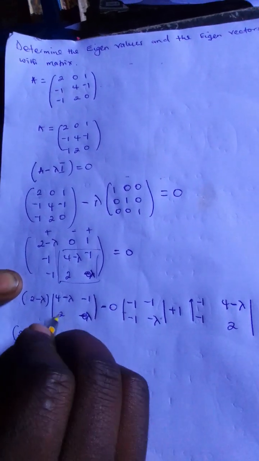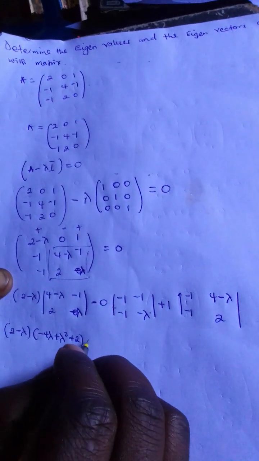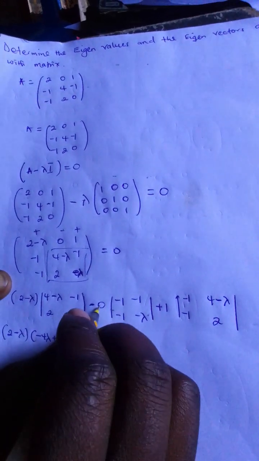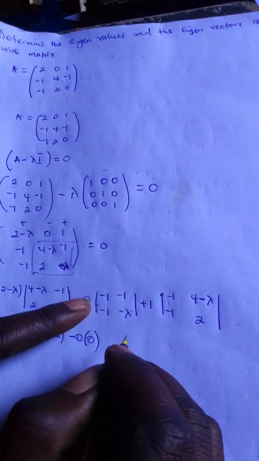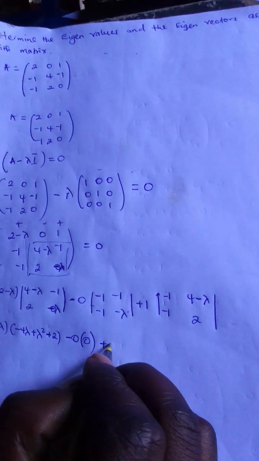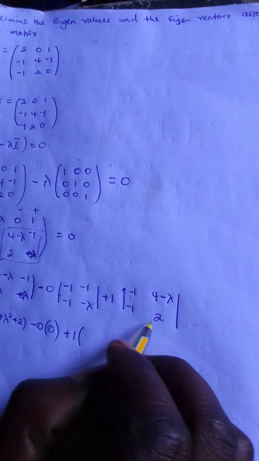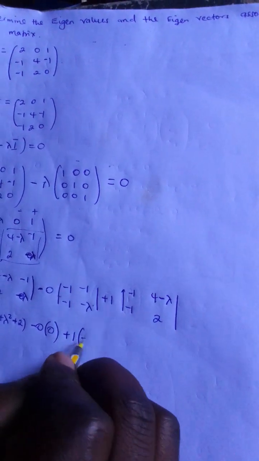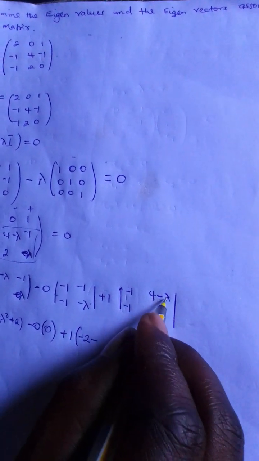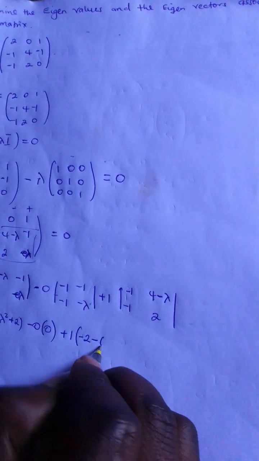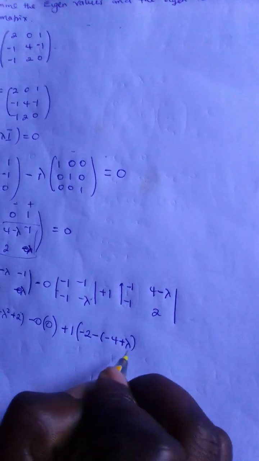Then here it is minus 2 times -1, which is plus 2, into minus 0 into, of course this 0, we have to cancel out all of this one. You can even call it 0, it is useless because this is 0 times the bracket. Then we add 1 into, this is -2 times -1 times 2, which is -2. Then we subtract 4 negative lambda times -1, whereby we shall have to put a small bracket, which is -1 times this, which is -4, and then plus lambda. This one is equal to 0.